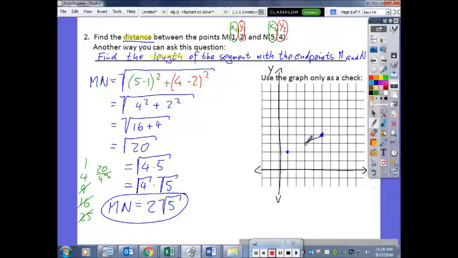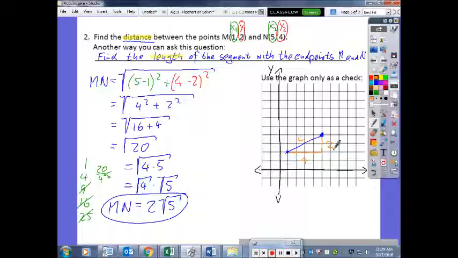This is the segment we're talking about. And this is also C, our hypotenuse of our right triangle. How many steps do we have to go to the right? 4 steps or units. And how many do we have to go up? 2.